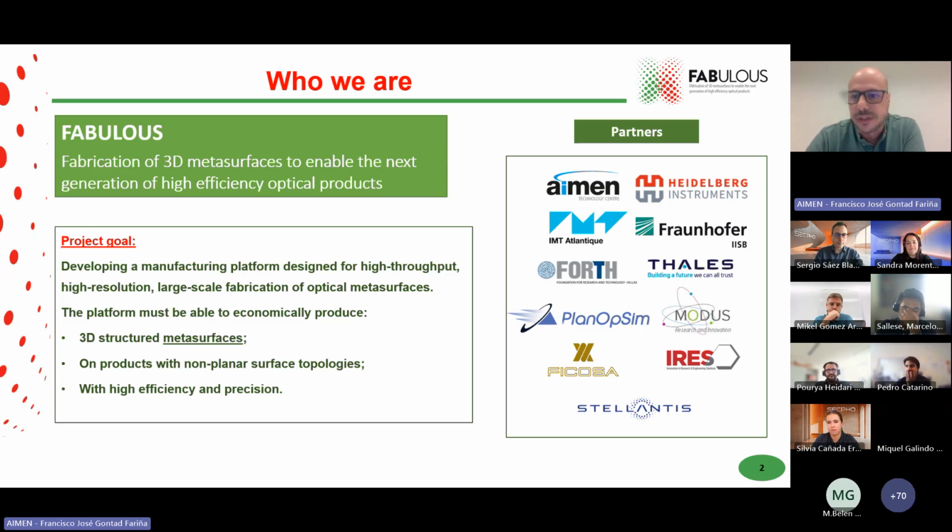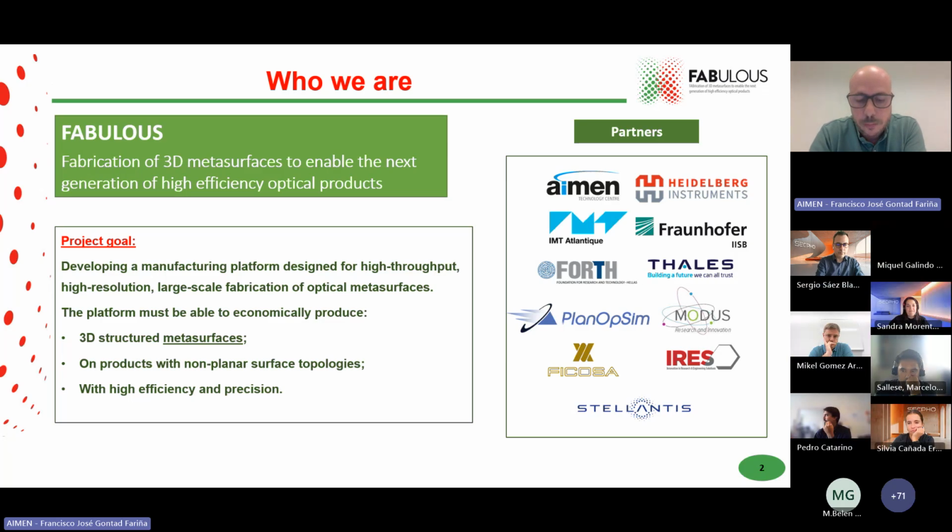The partners involved in this project are IMEC, which is my institution, Heidelberg Instruments, which is one of our technical developers, as well as IMT Atlantique, and the Institute for Research and Technology from Hellas, from Greece, Fraunhofer IISB, who collaborates with us in the co-optimization of the manufacturing processes. Thales, Ficosa, and Stellantis are the three end users that are collaborating in the Fabulous project, developing these use cases.